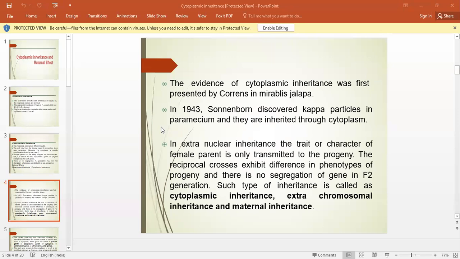So the egg present in the female is double in size. Whatever cytoplasm and cytoplasmic organelles are present, the nucleus is also present. So the egg is a complete cell, but when the sperm comes into the body of the female, that sperm only carries the nucleus, it cannot carry the cytoplasm.